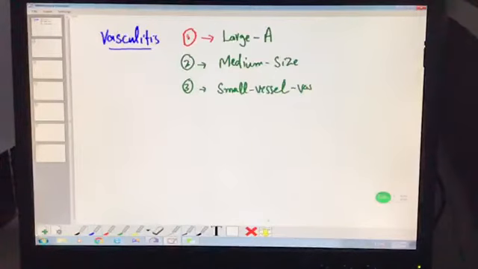It's very easy to understand the different categories of vasculitis by the involvement of the different categories of vessel. The patient presentation in large vessel vasculitis, medium-sized vessel vasculitis and small vessel vasculitis, and the clinical features, are a bit different.